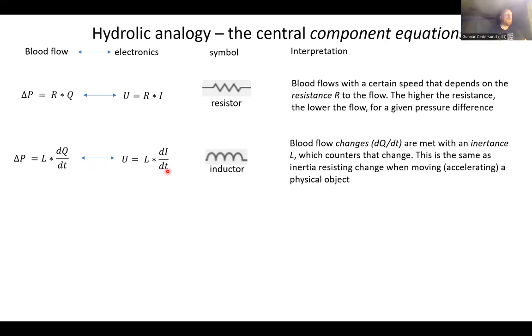And that is that, as we see here in the equation, changes to the flow are associated with the appearance of a voltage or a pressure drop across this unit here. So if dI/dt is 0, then there is no voltage across here and no pressure drop. But if you have changes, then you see these things.